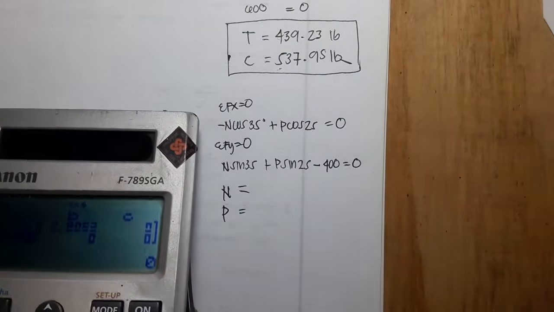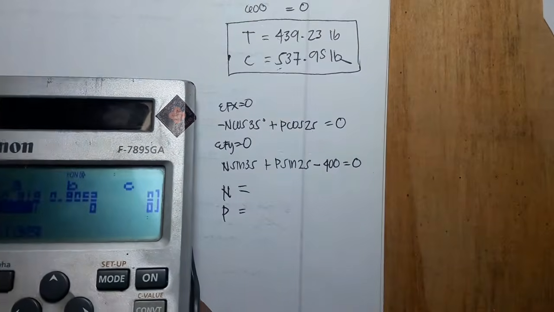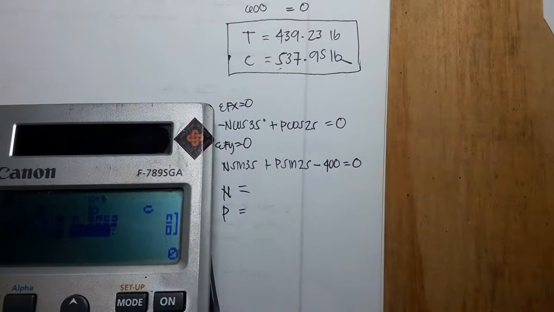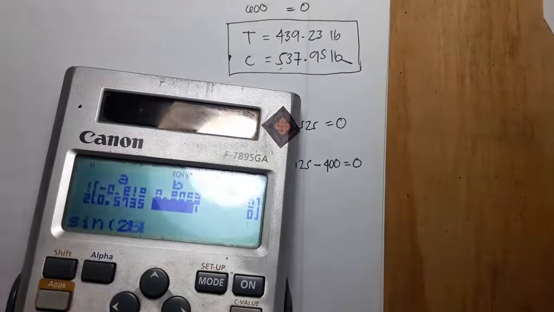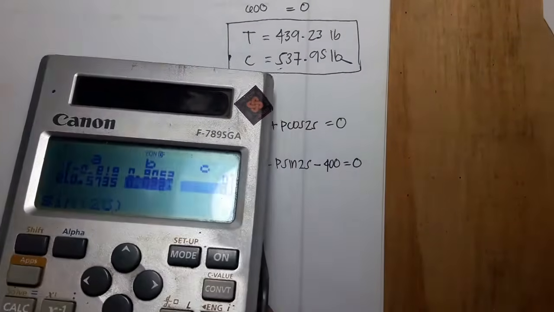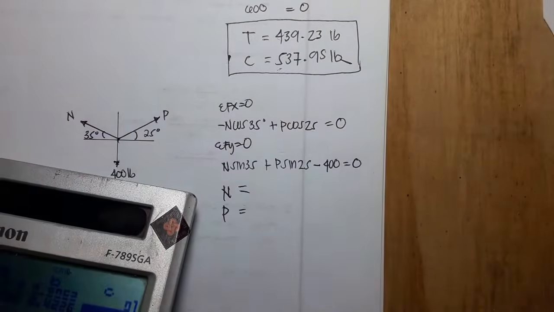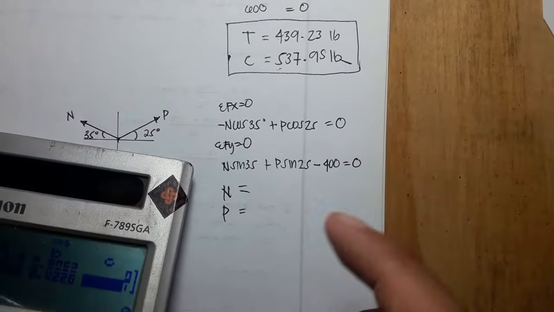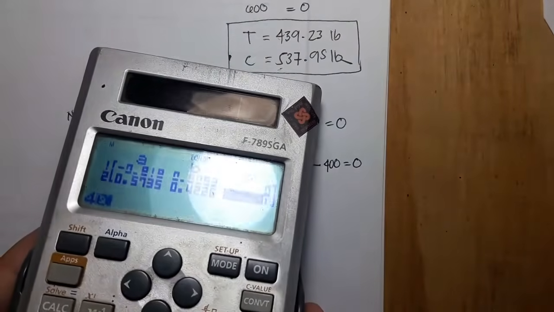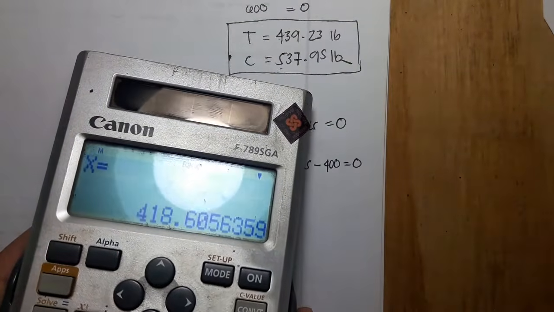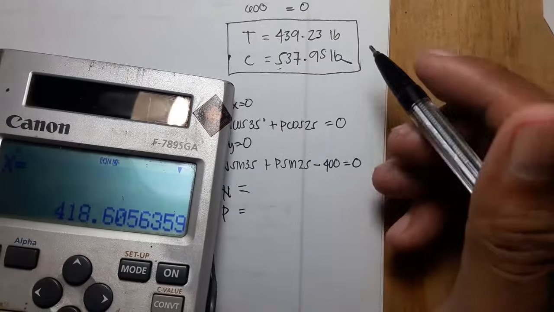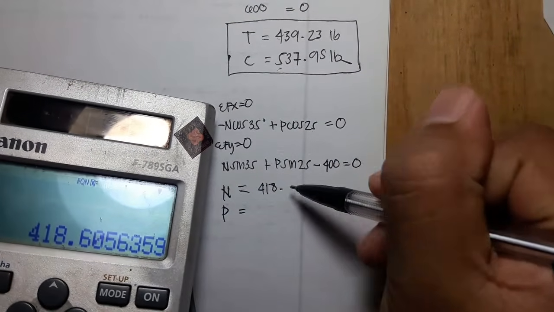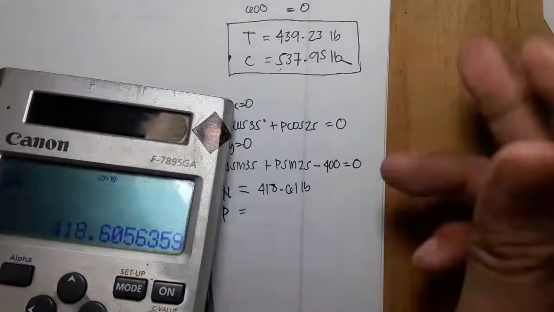Next is N sine of 35, then P sine of 25, then positive 400, because this 400 will be transposed to the other side, so it will be positive 400. So that's it. We have 418.61 pounds.